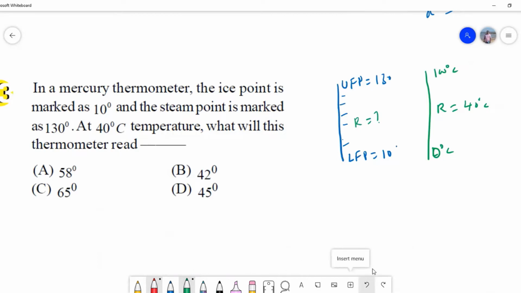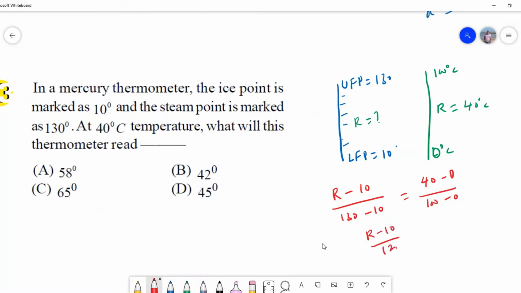So just simply apply. We all know that reading minus lower fixed point by upper fixed point minus lower fixed point is equal to, for the Celsius one, reading 40 minus 0 by 100 minus 0. So R minus 10 upon 120 is equal to 40 upon 100.